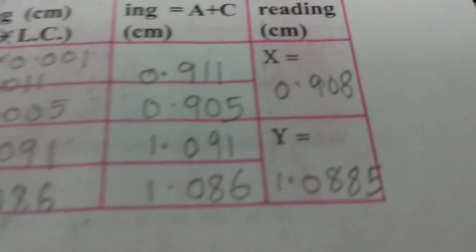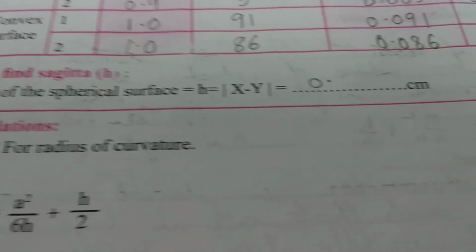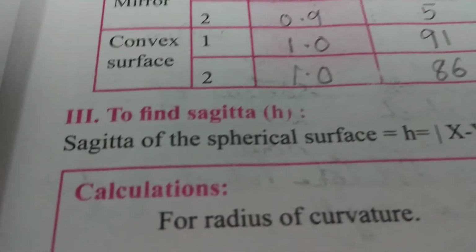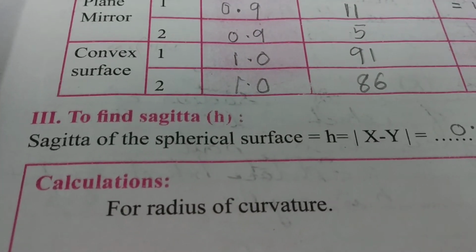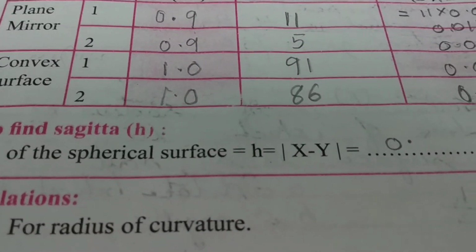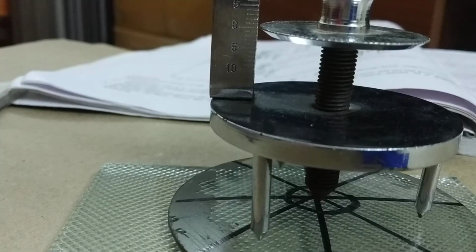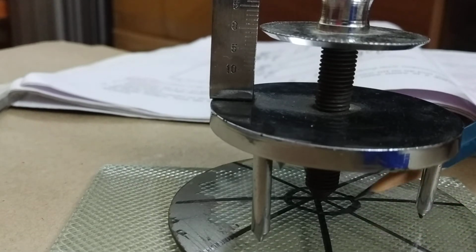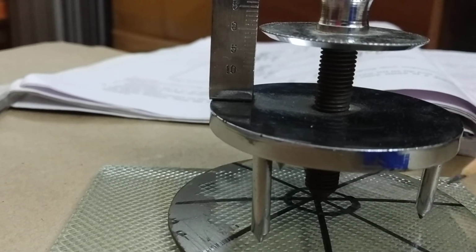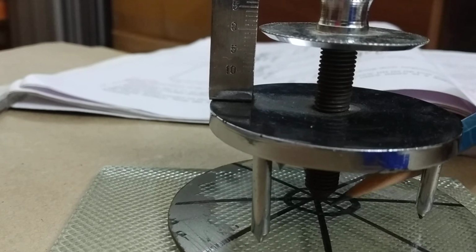So we are going to subtract the two to get something known as the sagitta. So sagitta of the spherical surface is h, which is x minus y. Actually, what is the sagitta? There is a space between the convex surface and the plane surface. That distance is called sagitta.